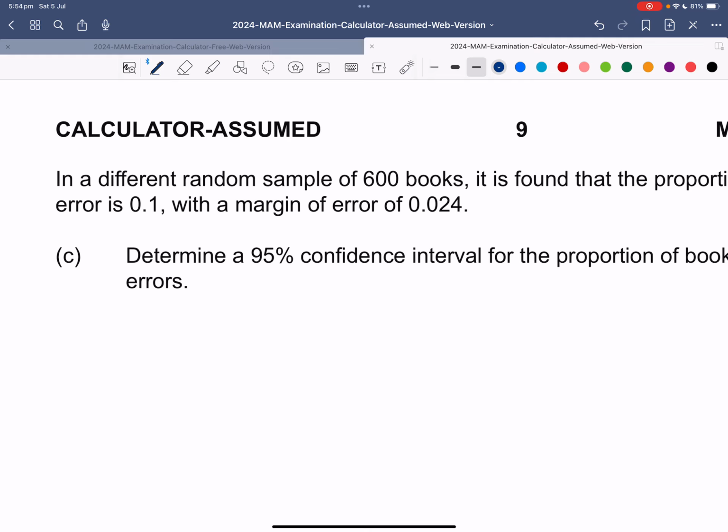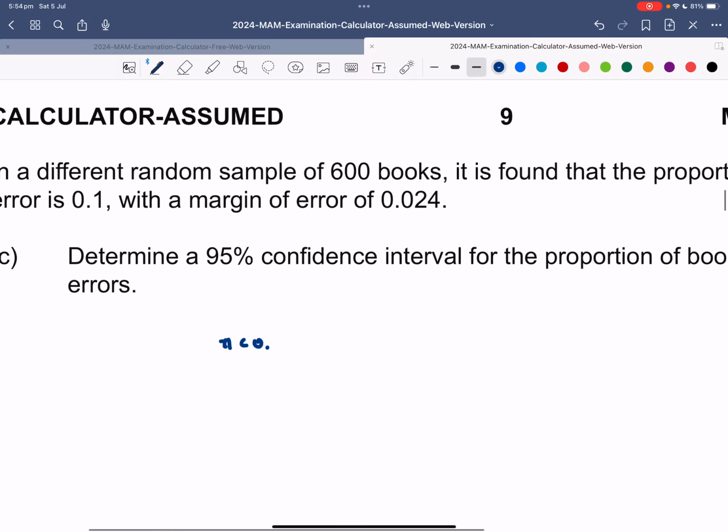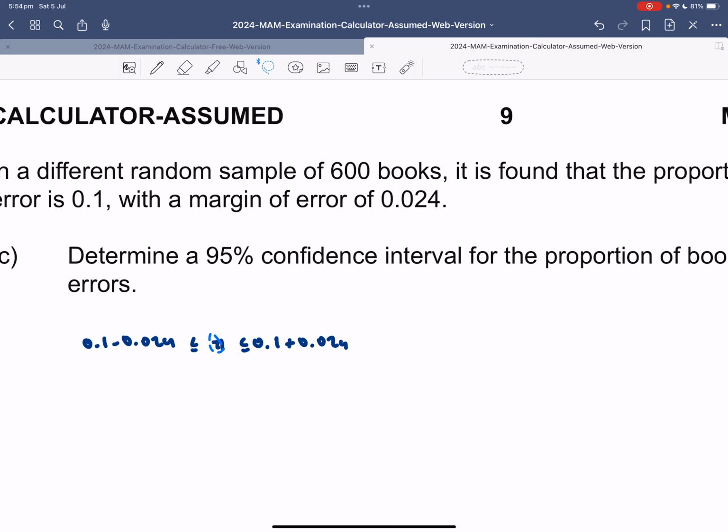So if they give you the margin of error straight away, the confidence interval is easy. The confidence interval for the population proportion is 0.1 plus 0.024 and 0.1 take 0.024. That's exactly what it would be. Or you could have written it like this, depending on the teacher.